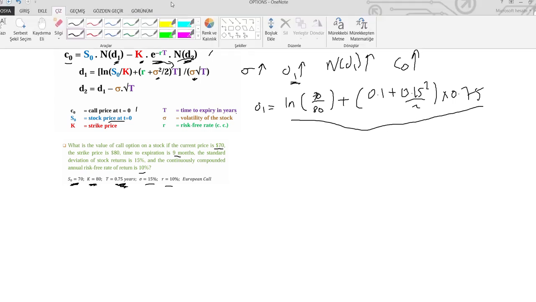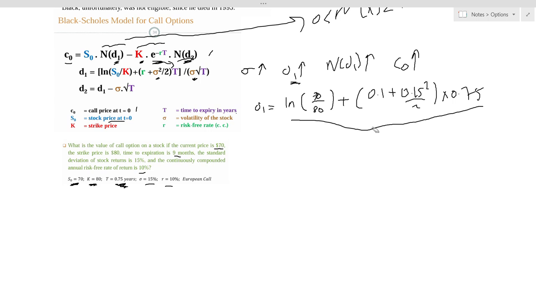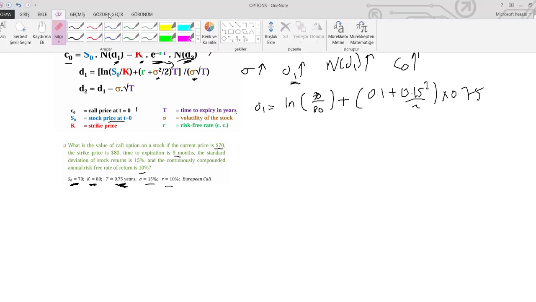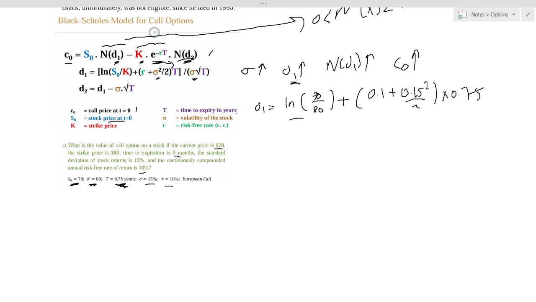It is hard to write without a pencil. In the denominator we have 0.1 multiplied by the square root of 0.75.